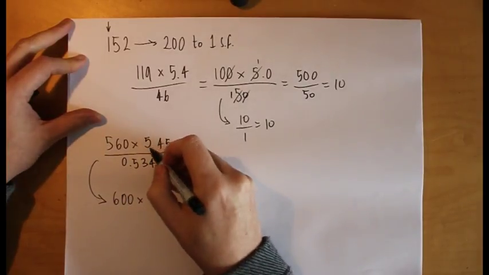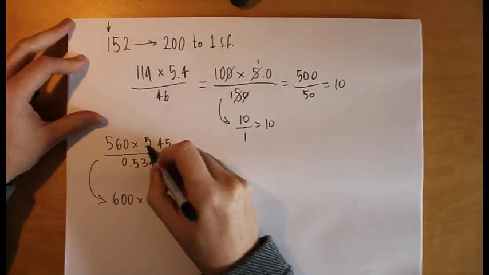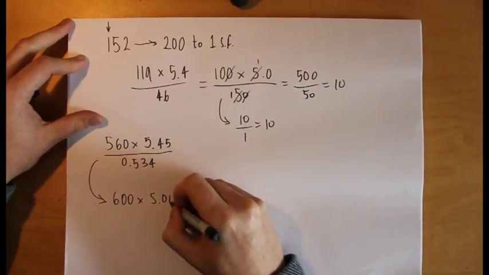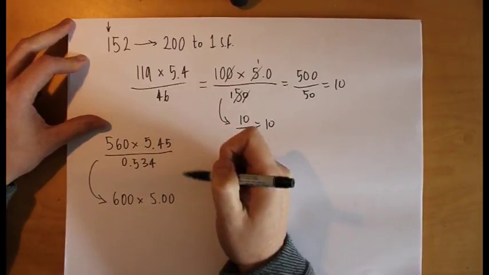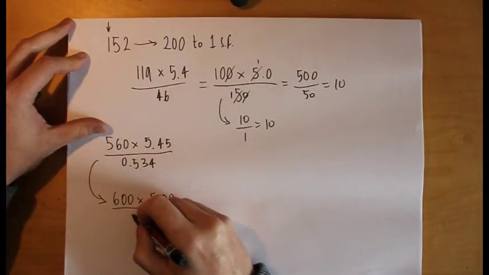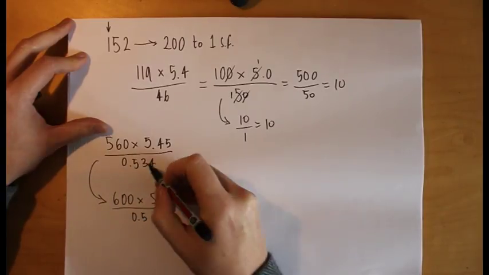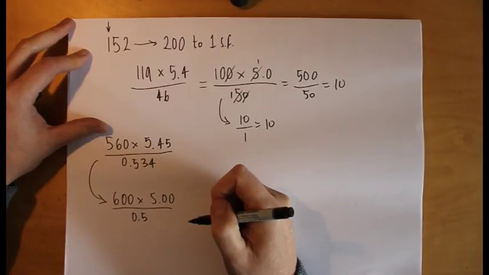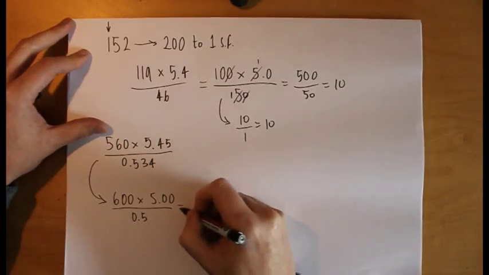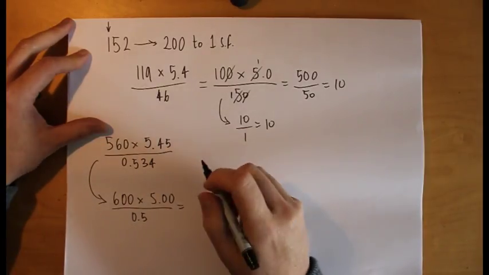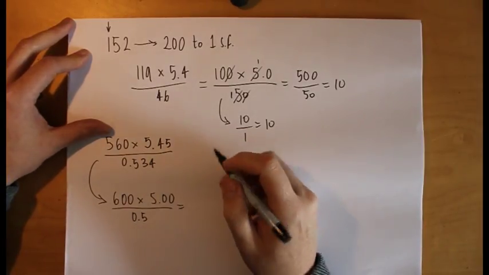The 5.45, now that just rounds to 5. And if you want, I'll put the 00 in just to show you that we've rounded there. And finally, we divide all that by 0.5. This number not affecting that one, stays as 0.5. And again, we could quickly work that out using either of the methods we looked at before and get our answer.